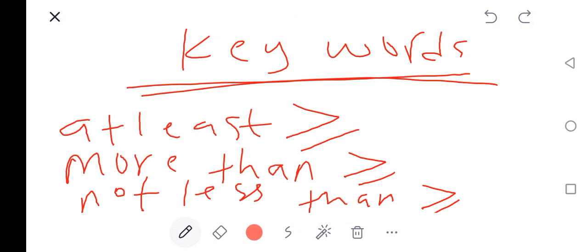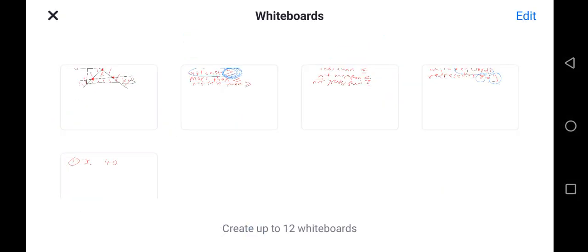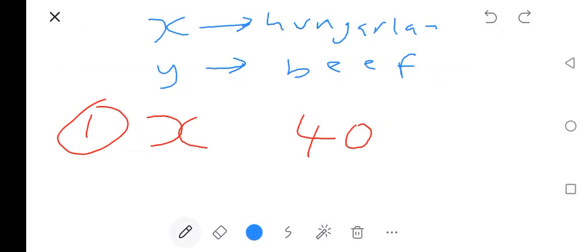It is here. This is the word for at least. It means greater than or equal to. So the answer here will be X greater than or equal to 40. That's your first inequality. It's very simple. Proceed from there.